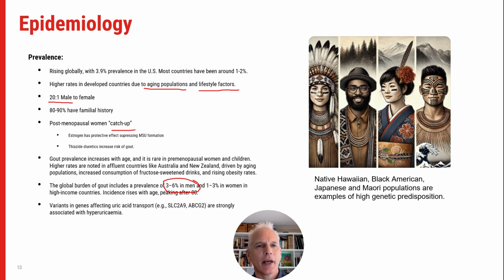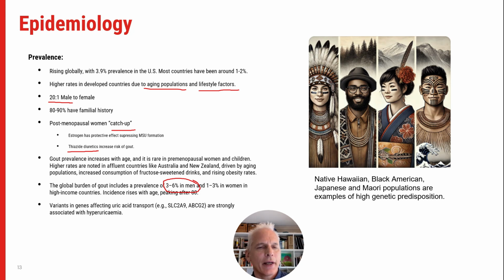In addition, if you have hypertension as a female and you're put onto thiazide diuretics, this can also increase your uric acid levels. So the combination of being postmenopausal plus using thiazide diuretics can increase your risk of gout in postmenopausal women.